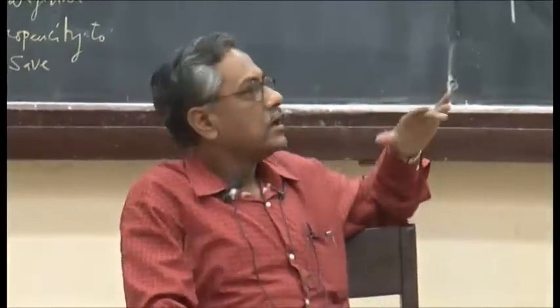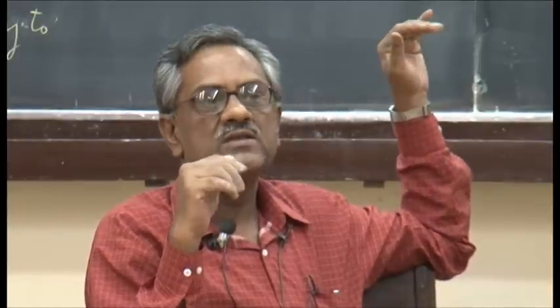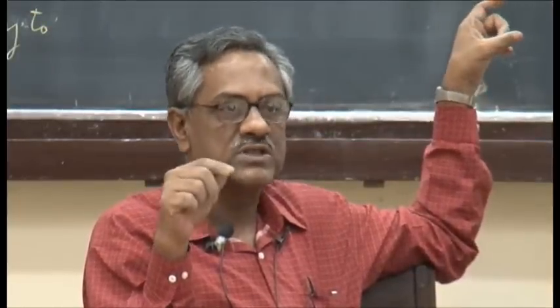Today the aggregate line, which is C plus I, and the C line are the same in the sense that only autonomous investment is there. So the line's slope, not the position, depends upon the C function, because the slope of the line is small c. If you differentiate that, you will get small c.